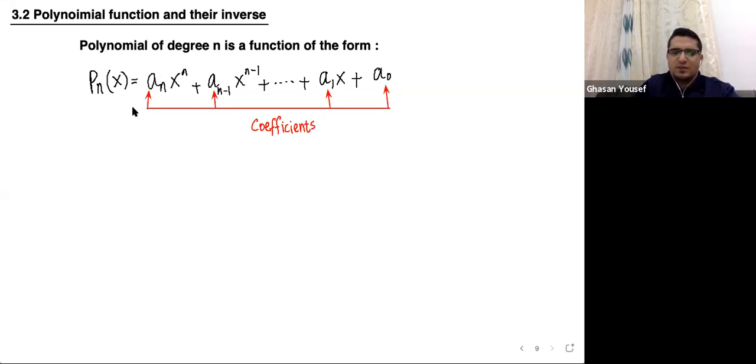When I say leading coefficient during this lecture, you should know this is the leading coefficient. You don't have to memorize this for the exam, but you should know it because I'm going to use this definition a lot during this section.